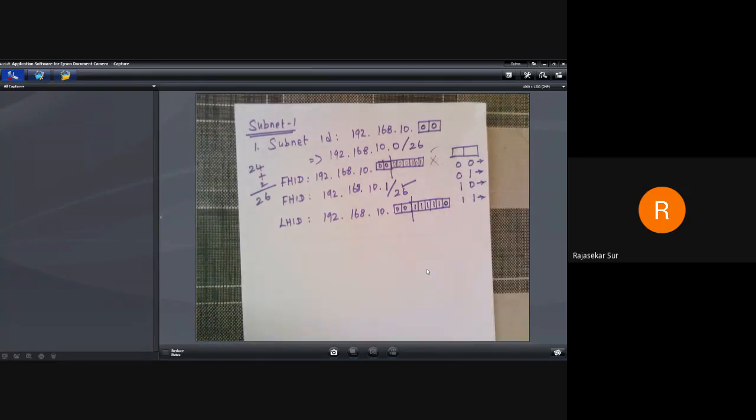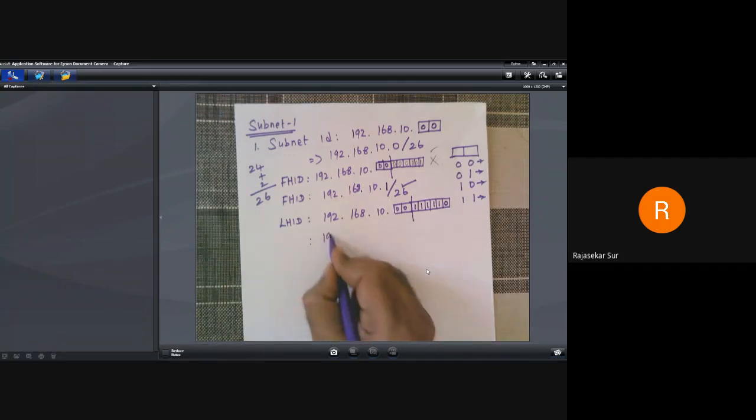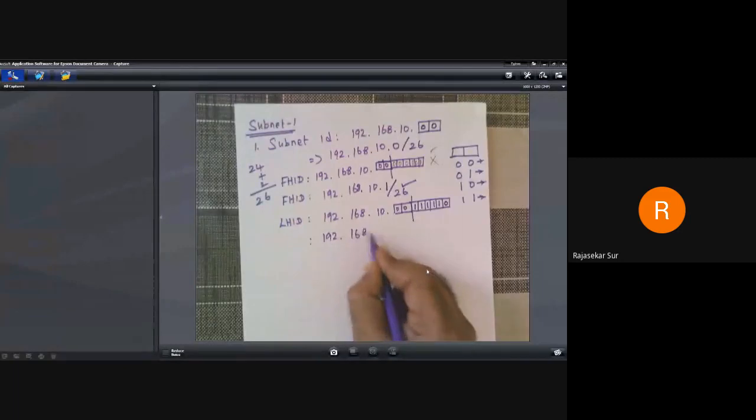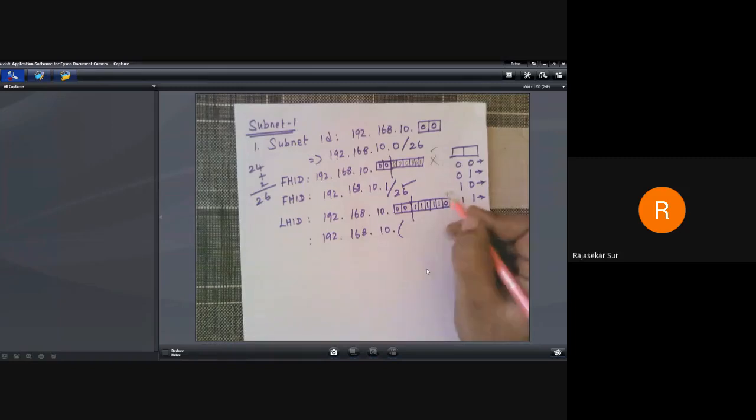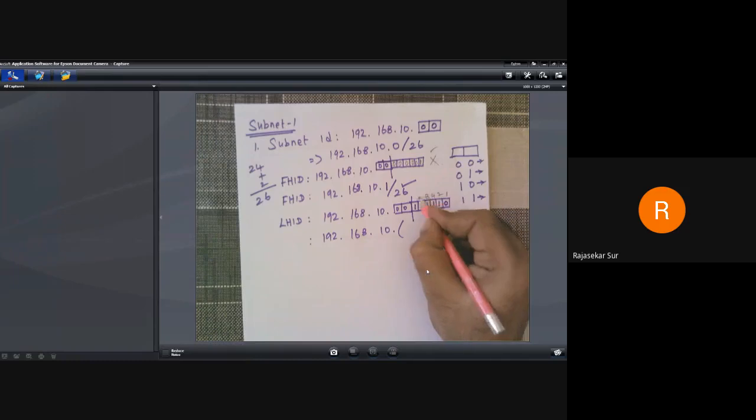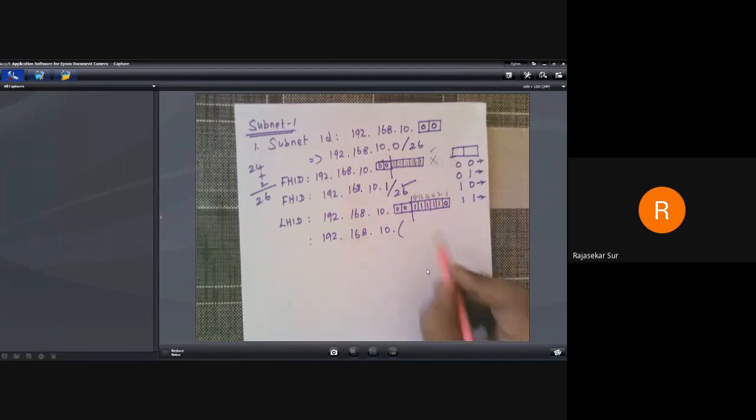Now you can apply the place values. So this is going to be 192.168.10. You can see the place value here: 1, 2, 4, 8, 16, 32. Wherever the 1 is available, you have to add everything.